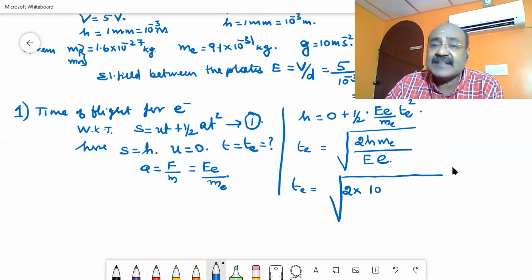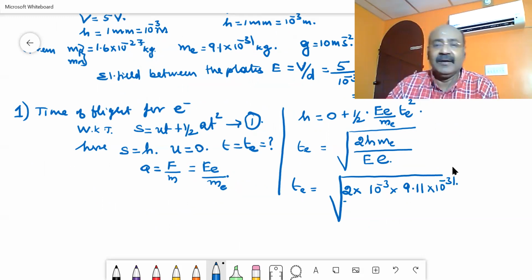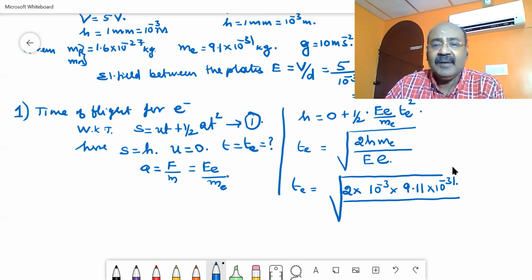What is the mass of one electron? 9.11 into 10 to the power of minus 31 kilogram. Whole divided by the force: the electrical field, which I have calculated as 5000, multiplied with e, the charge of the electron, 1.6 into 10 to the power of minus 19 coulomb.